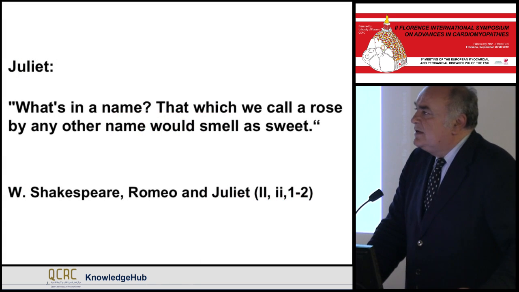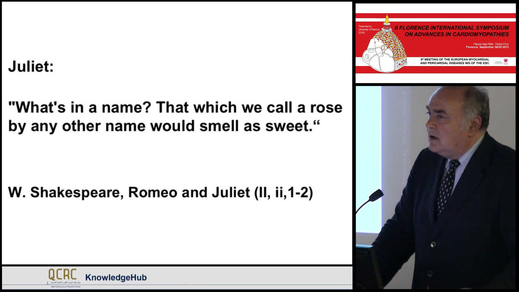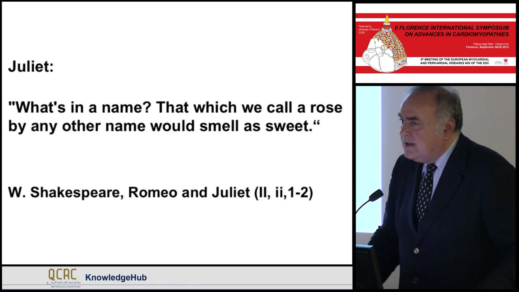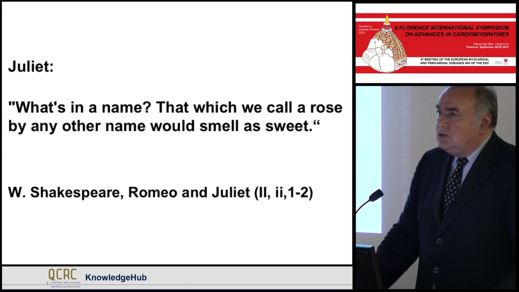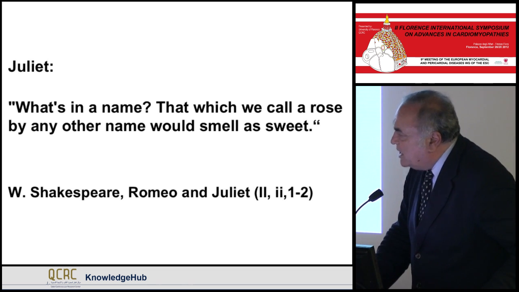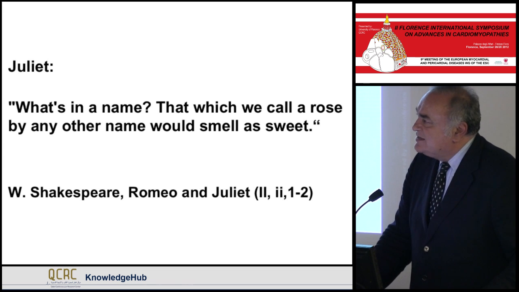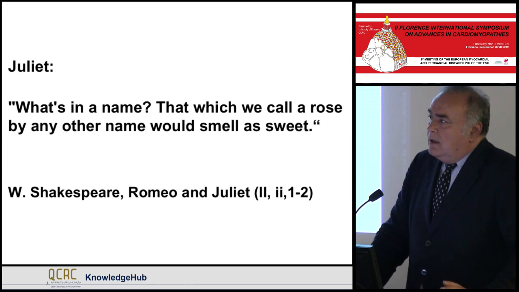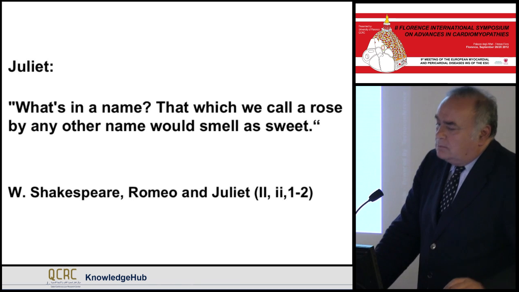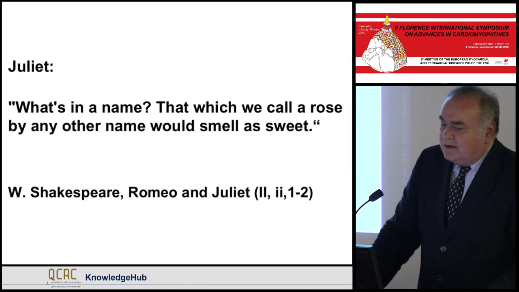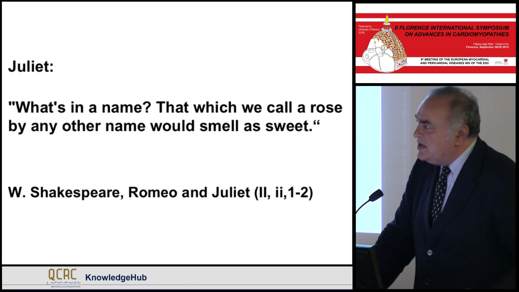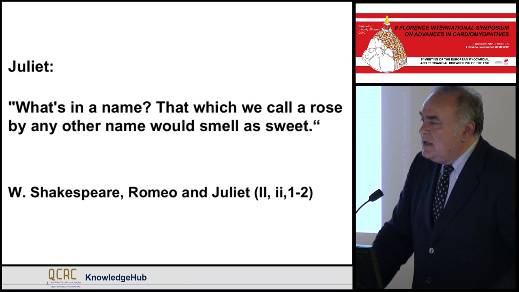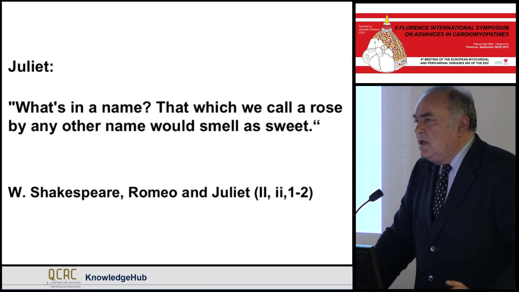Now the question was also debated in the introductory lecture on Wednesday. Do we have to change the classification? Are we happy about this classification? As you know, as Shakespeare wrote, what's in a name? That which we call a rose by any other name would smell as sweet. So in other terms, the names are not so important.